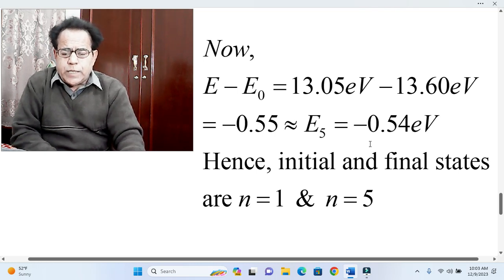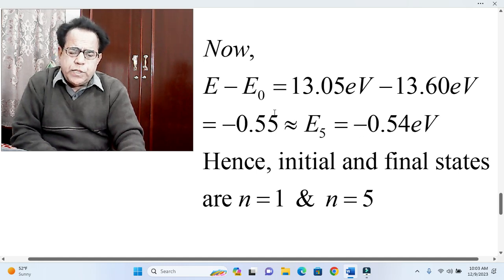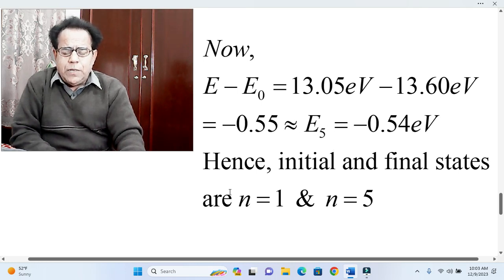So dear students, minus 0.54 is very close to this value, so we will adopt this E5. Okay, so our answer will be, hence initial and final states are n equal to 1 and n equal to 5. Okay, because E5 is the value which makes these adjustments.